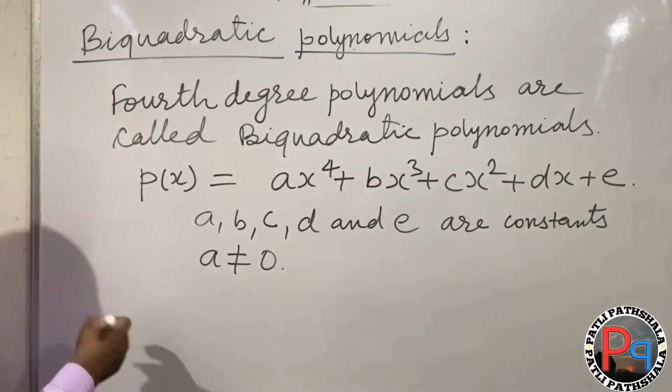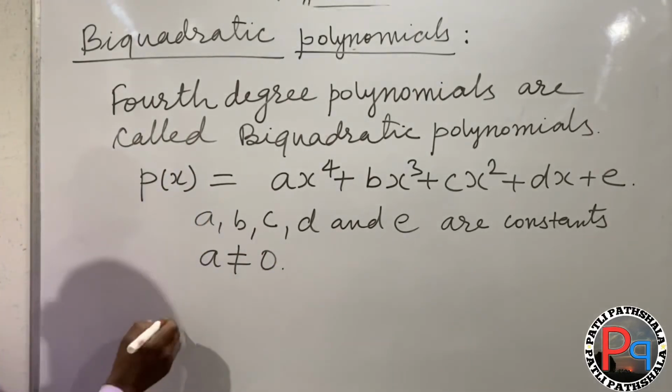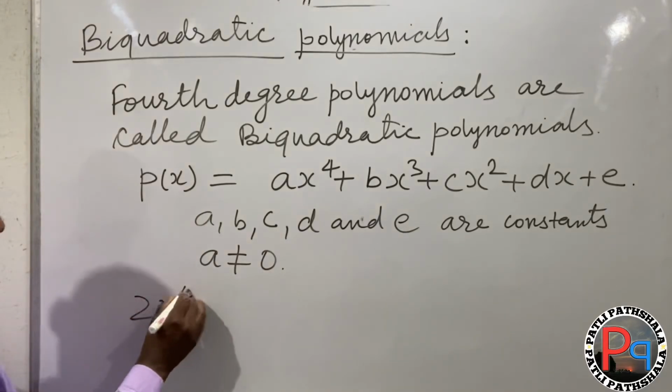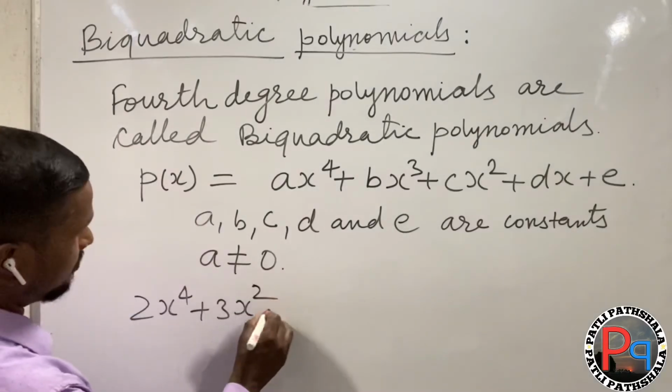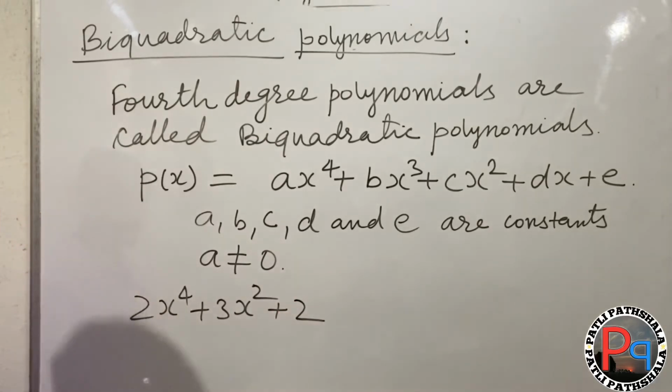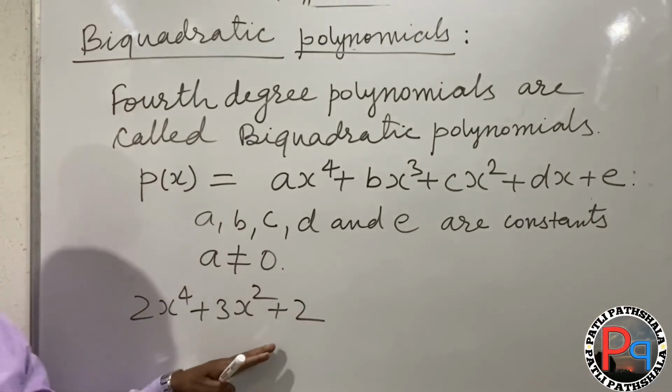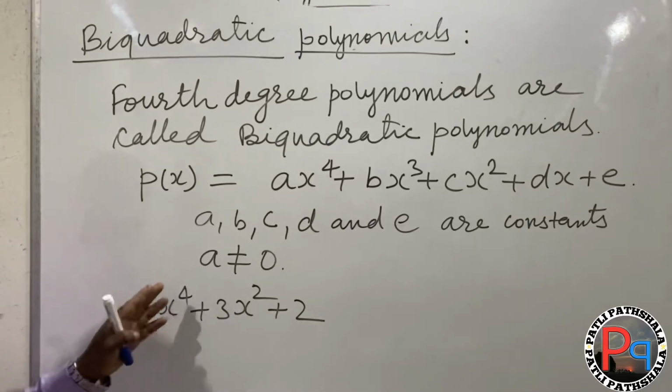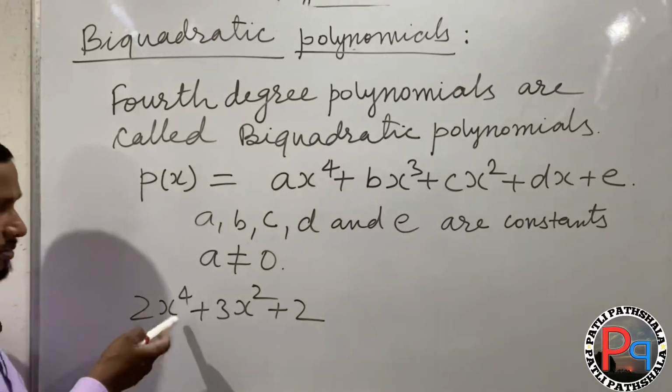So, here I am writing a biquadratic polynomial, 2x to the power 4 plus 3x square plus 2. This polynomial is not in standard form, because some terms are missing.